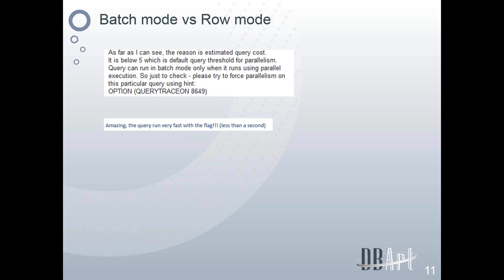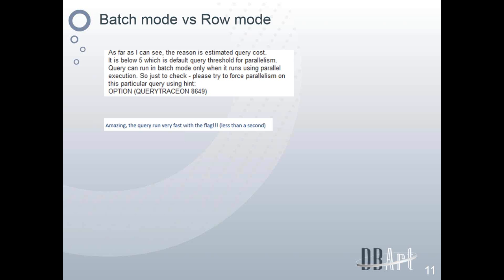There are two interesting things with the QUERYTRACEON hint. First of all, that's new in SQL 2012. You can force a trace flag on a single query level. And the second, the flag itself. This flag forces parallel execution. I don't know, frankly, whether it is documented or not, but you can find the usage of this flag in a blog of Paul White about query execution.